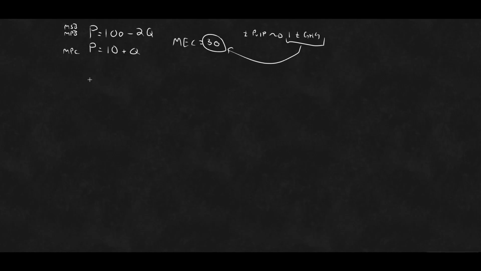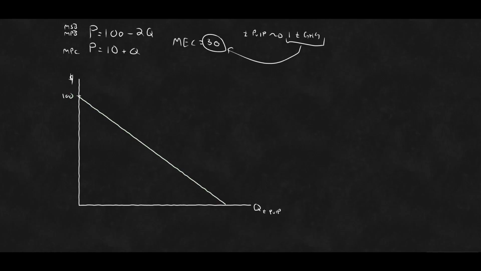Let's create our supply and demand diagram. And of course, we just presume for simplicity that we have competitive equilibrium. So we start off. We have our dollars, we have our quantities, and we're talking about our good here, so quantities in terms of tons of pulp. For our demand, we have a vertical intercept of 100, and then downward sloping, we intersect somewhere down here.